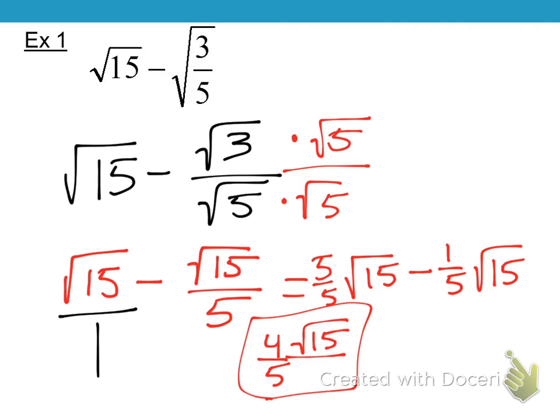So multiply by top and bottom. Does that make a little more sense? So if I make this one 5 and this 5. Okay, yeah, same thing. So 5 square root 15 minus, yep, that works. So we still end up with 4 square root 15 over 5. I think I like your way better, actually.